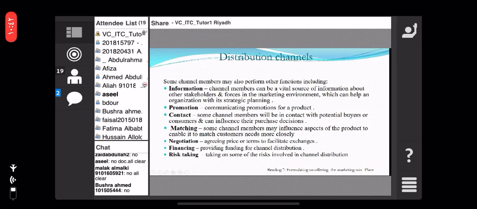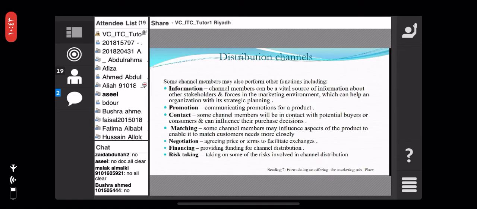Some channel members may also perform other functions, including information, promotion, contact, matching, negotiation, financing, and risk taking. For example, A, B, C. A is, let's say, the manufacturing company. B is, let's say, Banda or Al-Uthaim market or As-Sadhan, or let's say Carrefour.